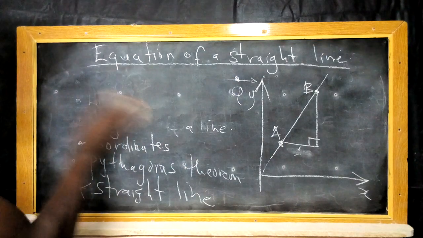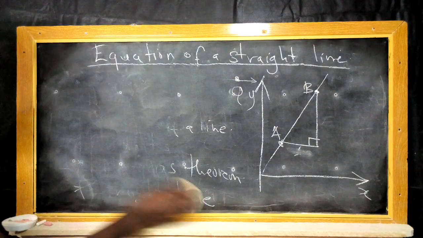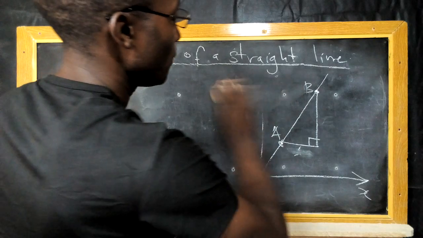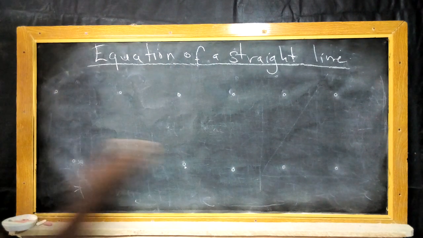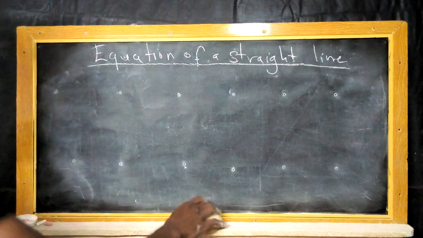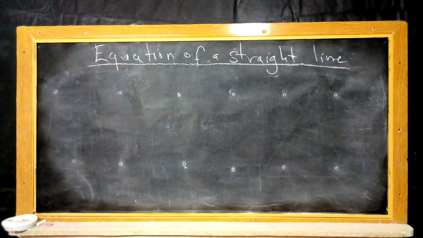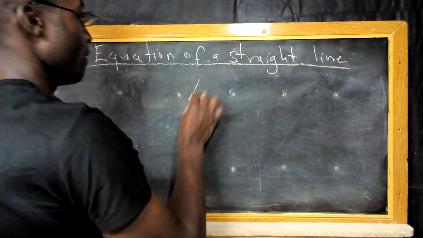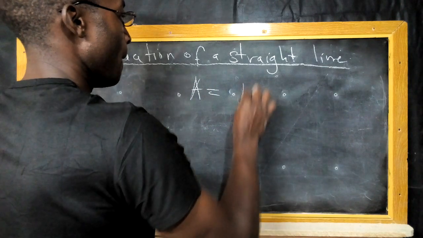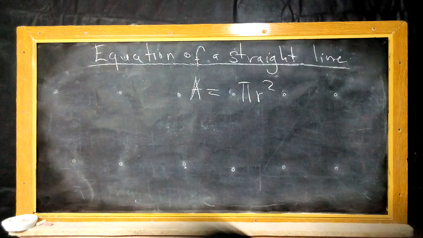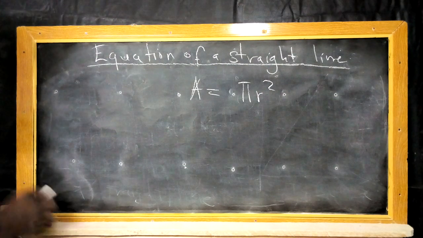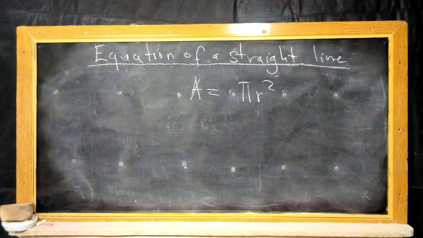So today we're going to look at the equation of a straight line, which of course is an expression that is used to give the relationship between the expressions which are being given. For instance, if I say that A equals pi r squared, this is an example of what we call an expression or just an equation.